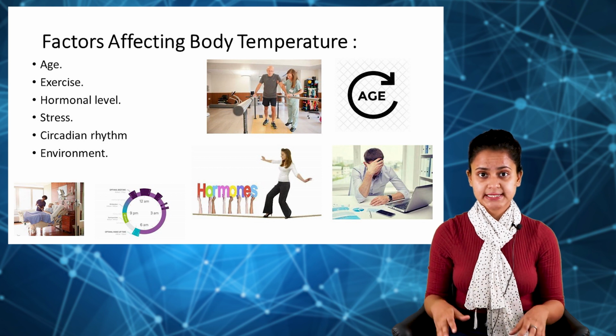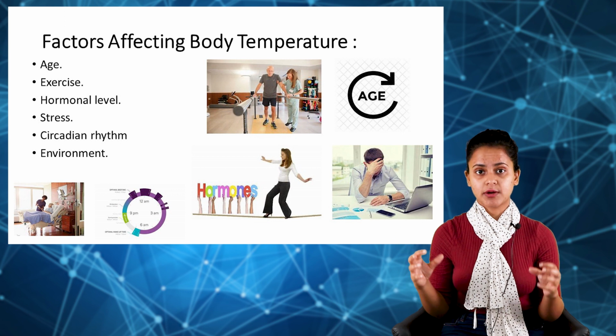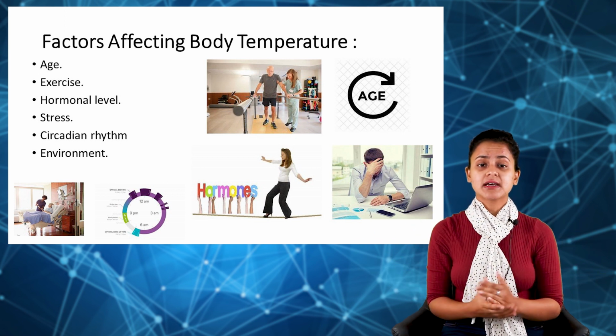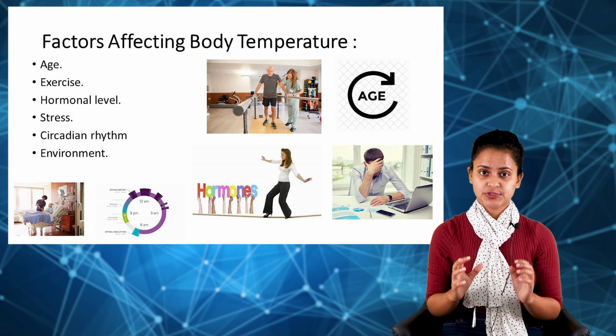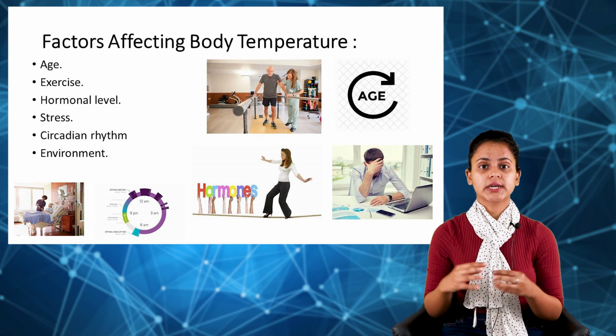The next one is the circadian rhythm, and the next one is the environment. So these are the factors which are often involved in the regulation of the body temperature.